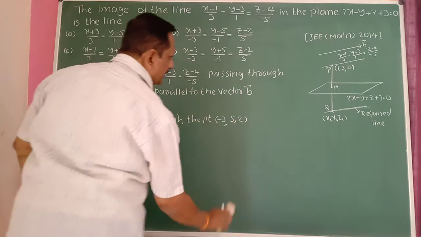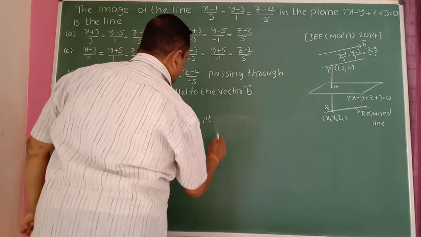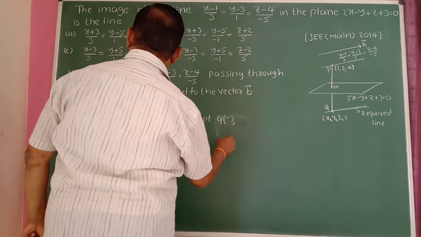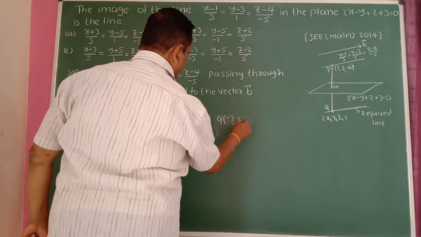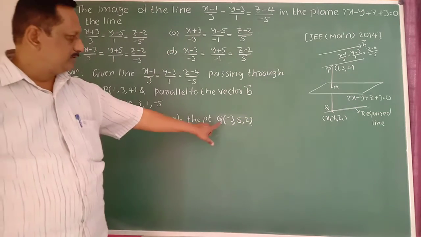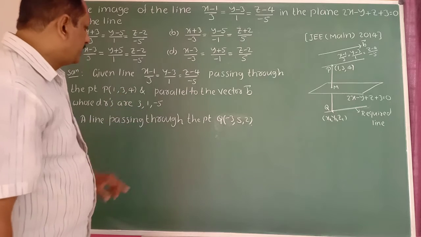Consider this point as Q. So point P is this one, Q is this one. Then find its midpoint.